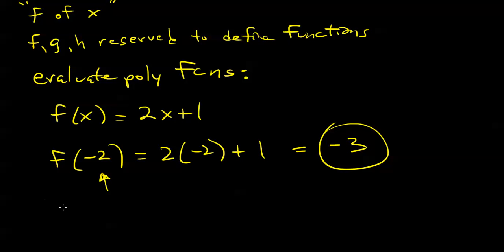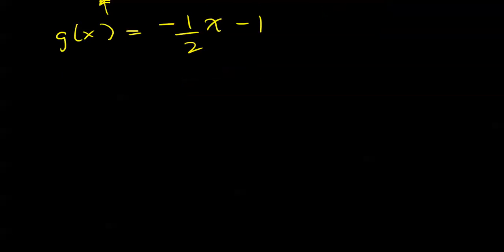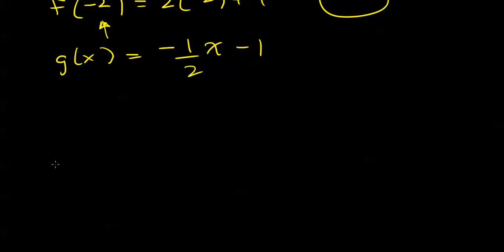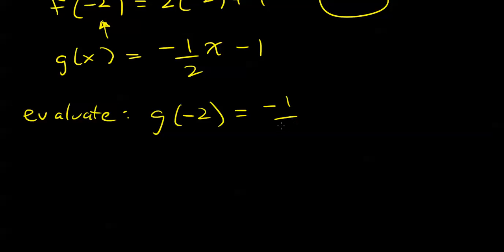Give you another function here. Let's try another one. G of x is minus 1/2 x minus 1. Let's say I want you to evaluate g of x at the following points. Well, let's try g of minus 2. Again, the parentheses expression is a placeholder, really.